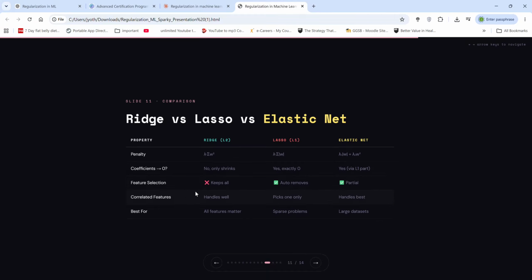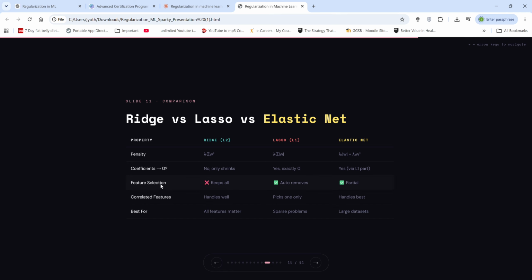In the coefficient, ridge only shrinks the coefficient, but it does not turn it to zero. In lasso, we have seen that it can turn exactly to zero, and in elastic net we can use both. Via L1, it can reduce the coefficient to zero, because as you know, elastic net is a combination of L1 plus L2.